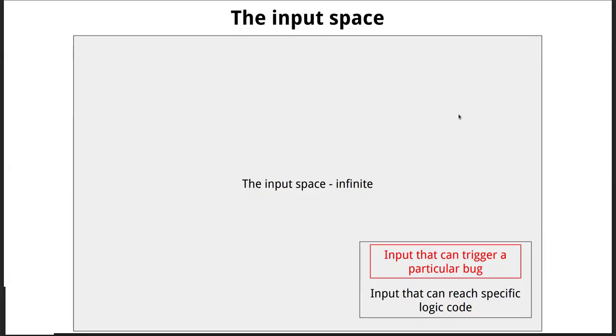If you do not even execute that portion of the function, you cannot find a bug there. After you reach there, only particular input can trigger a particular bug. So the input you are looking for, which can trigger the bug, is a very, very small portion of the infinite input space, and we want to find that. If you just randomly guess and generate input in the infinite space, you will be wasting a lot of time. So the science here is how to get there fast and quick.